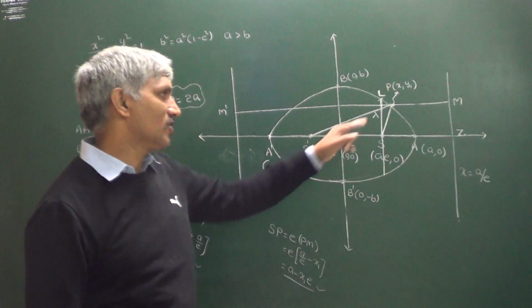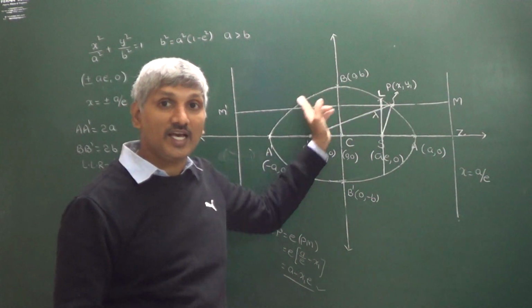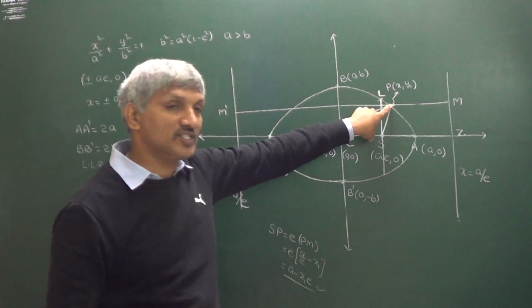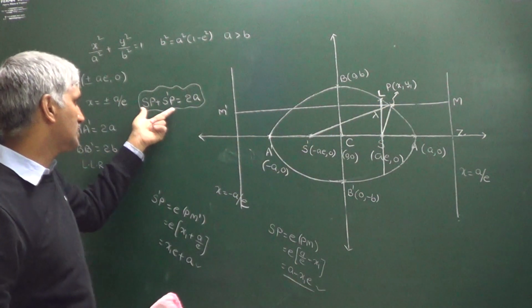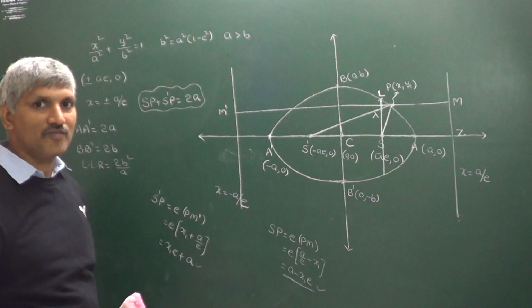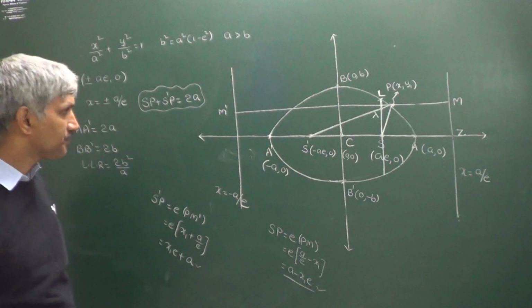Then the locus of the point P is an ellipse. These two points are fixed points. A point is moving in such a way that SP + S'P = 2a. Then the locus of P is an ellipse, right?